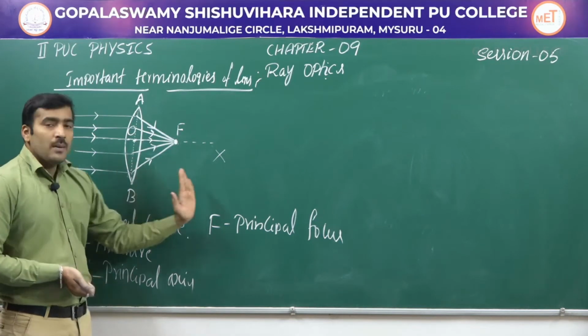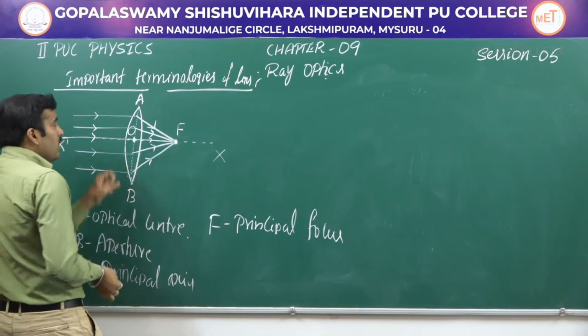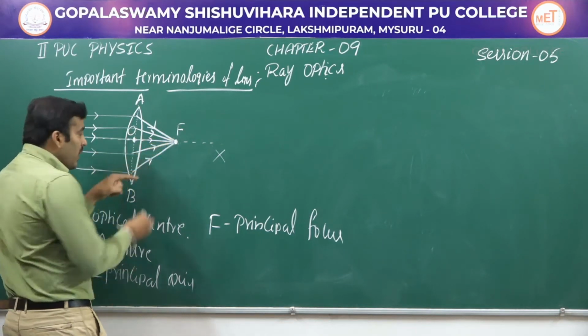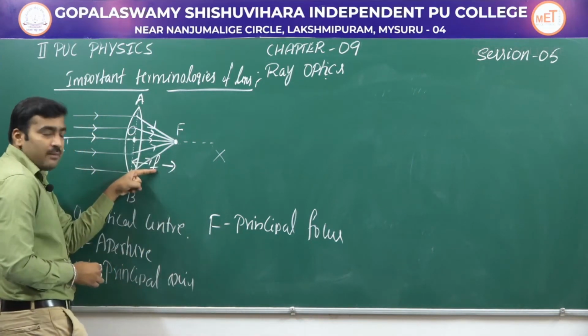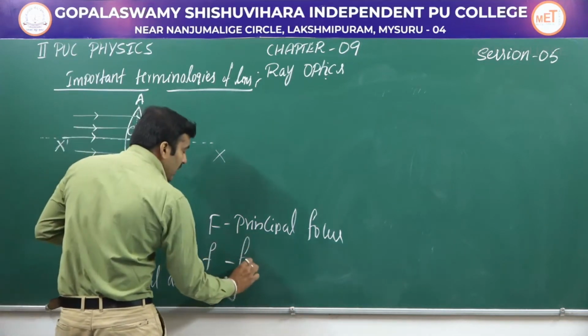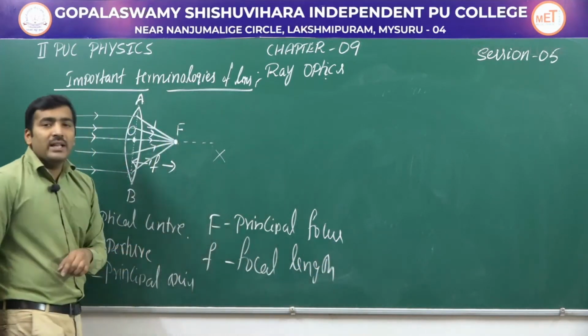So this is called principal focus. Next, the next term is very important again: the distance between this optical center to the focus, which is termed as F, and this small f is called focal length. Okay, this is called the focal length of a lens.